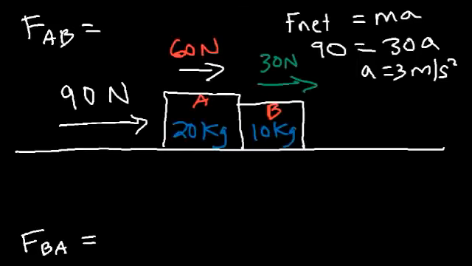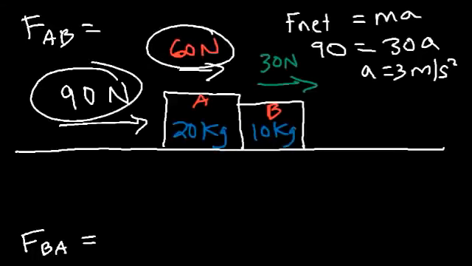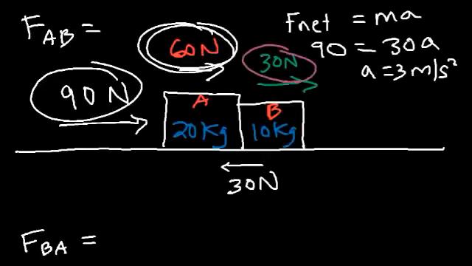So now let's focus on block A. If the net force is 60 and we're applying a force of 90, that means there's a force of 30 newtons that is opposing A. If we have 90 newtons going to the right and 30 going to the left, that's going to give us a net force of 60. Now if we focus on B, B has a net force of 30. There's no force that goes against B to the left.